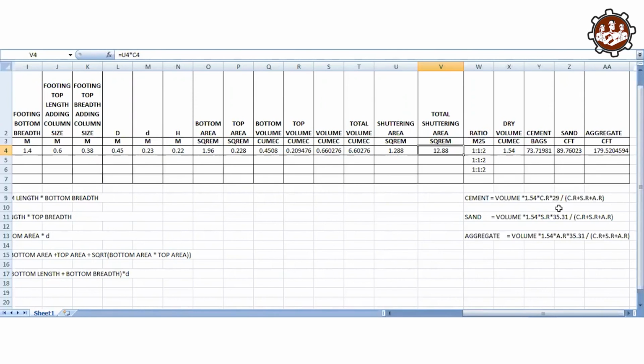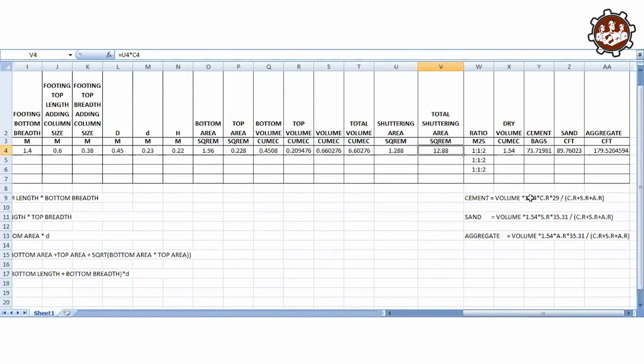Okay, same here. What is 1.54? 1.54 is the dry volume factor. When we pour the concrete in beams, columns, and footings, it is in wet form, but we calculate the quantity of cement in dry form.